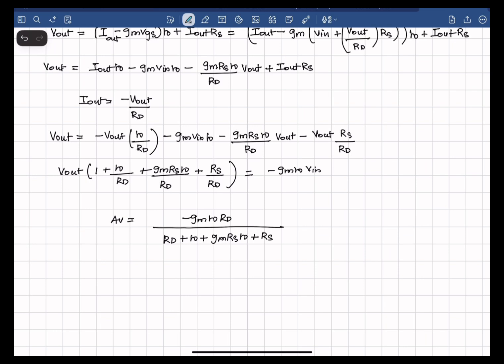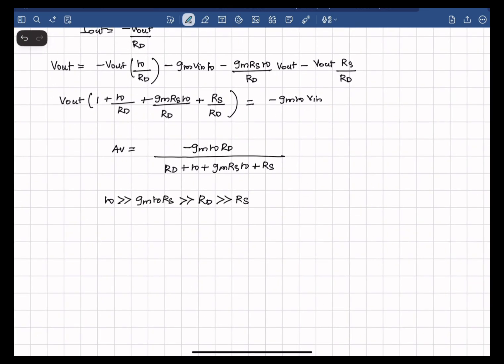I've just reduced it directly. And when I assume Ro is much greater than Gm Ro Rs, that is much greater than RD, which in turn is much greater than Rs, I can reduce this gain term to just minus Gm into RD.